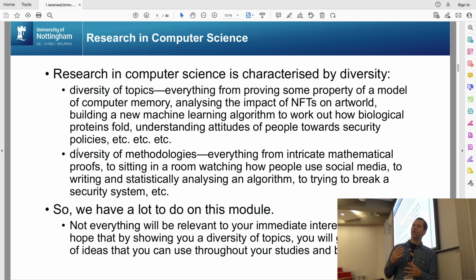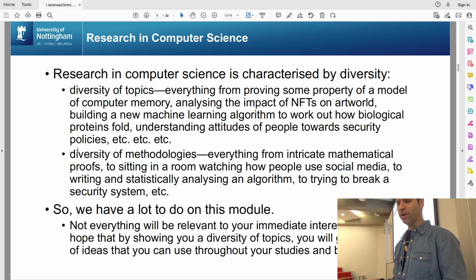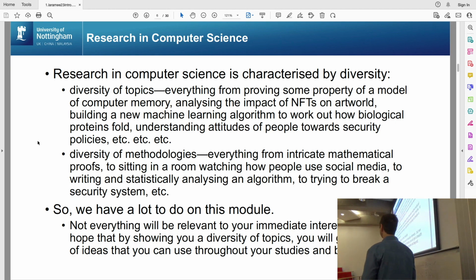If software stops working, you notice it, it disrupts your day. You go to an ATM, it says out of order. Your phone's not working, you can't make a phone call. Software is everywhere, right? So it's very diverse. Research in computer science is really diverse, right?